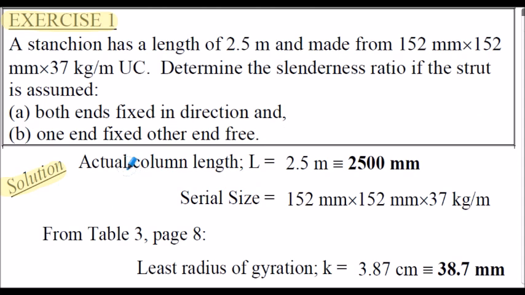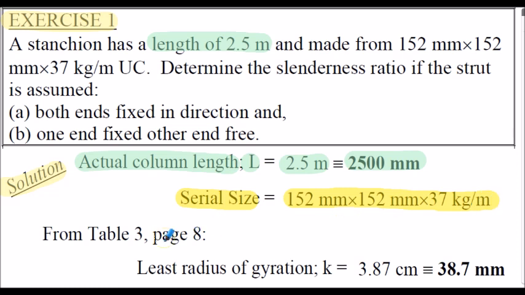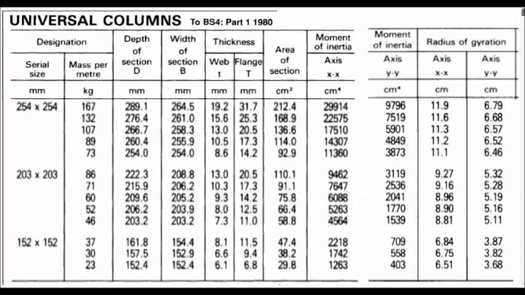From the question, the actual length of the column, L, is 2.5 meters. Converted that to millimeters here, it's 2,500 millimeters. The serial size is 152 millimeters by 152 by 37 kilograms per meter. So from our table in our notes, we can extract the least radius of gyration.